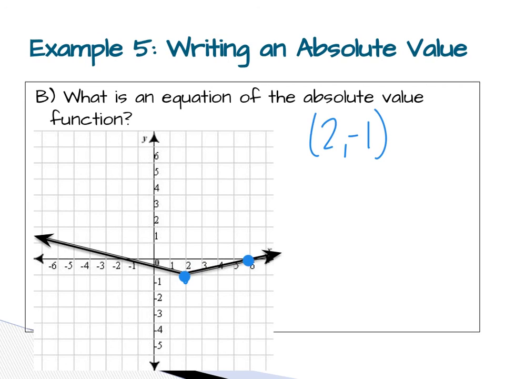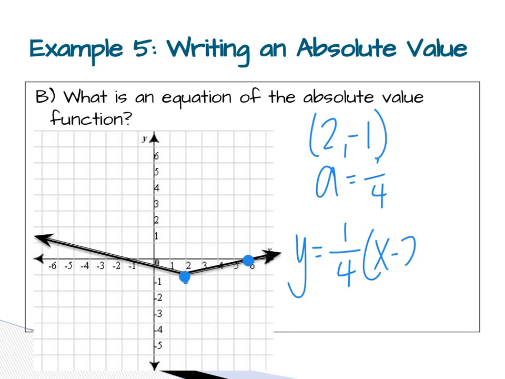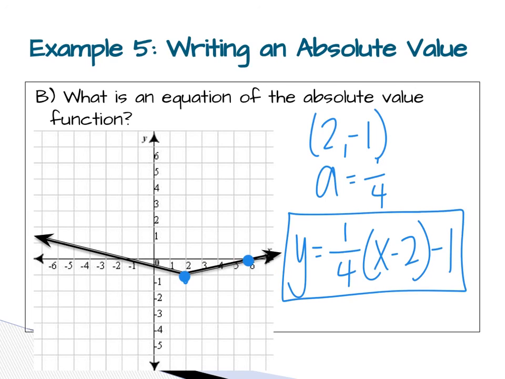So it's 1/4, I'm sorry. So your A is going to be 1/4. So your equation is y equals 1/4 x minus 2 minus 1. And that's y equals A, x minus h plus k.